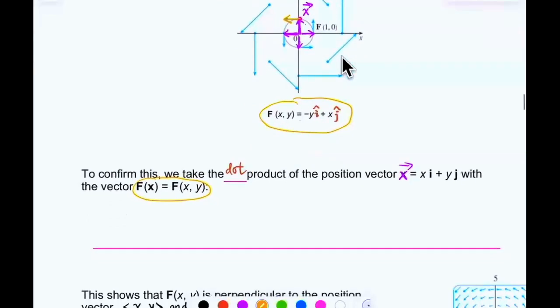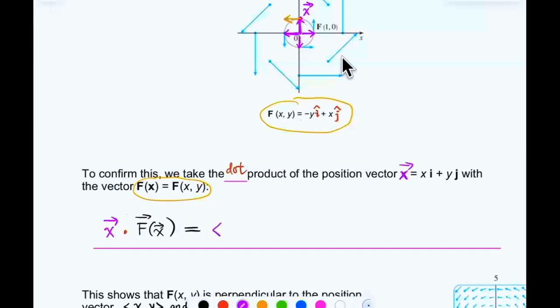Let's take the dot product. Okay, so I have x bar, with x and y in here, dotted with, what should I put as the first component?